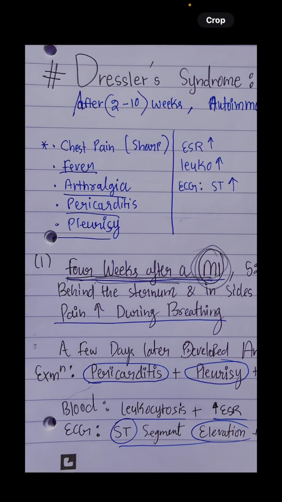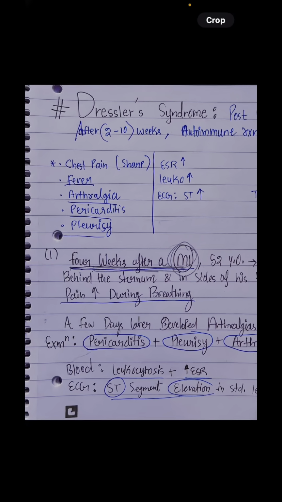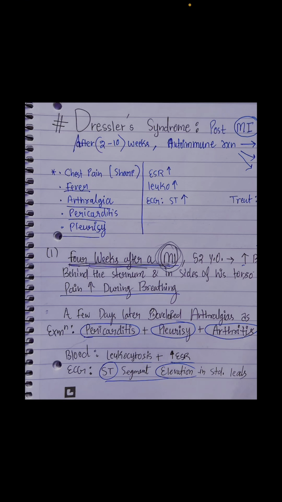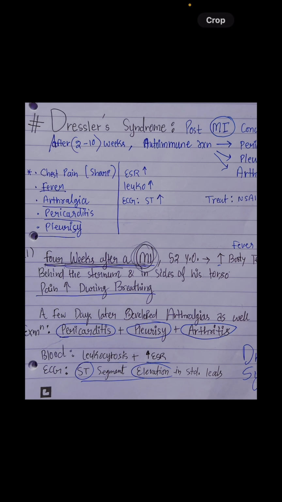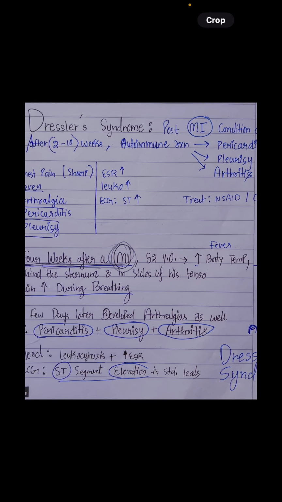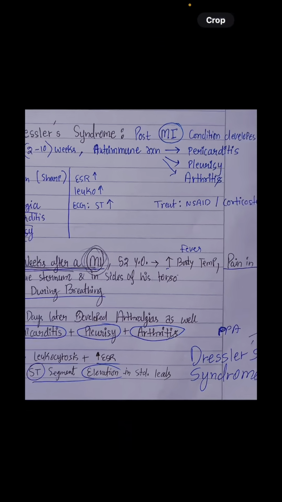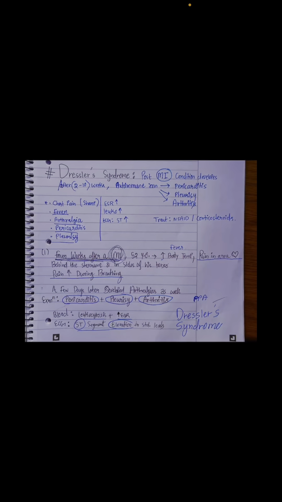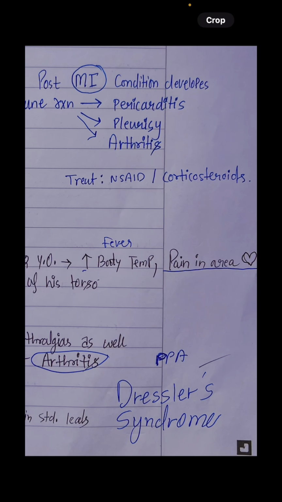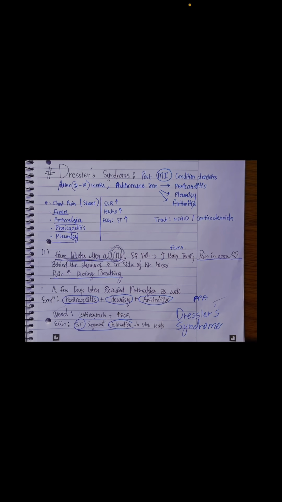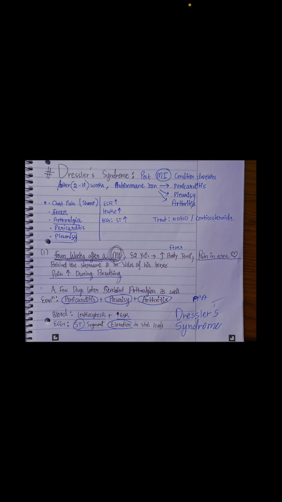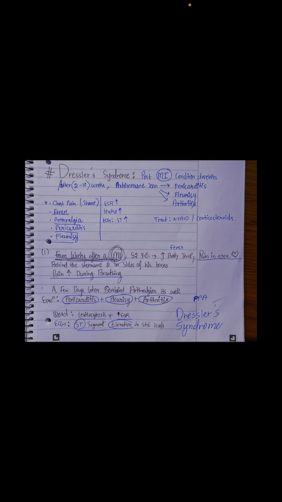What we are going to see in the patient: chest pain, fever, arthralgia, pericarditis, pleurisy, and ESR is elevated, leukocytes will be elevated, ST segment will be elevated, and treatment will be NSAIDs, corticosteroids, and immunosuppressants: pain management plus inflammation management, pain management plus immune suppression.